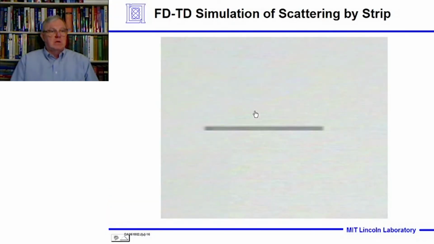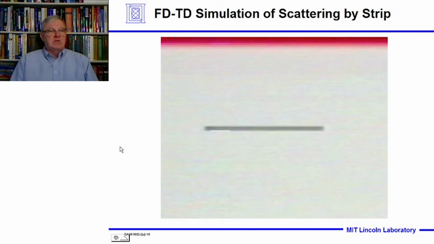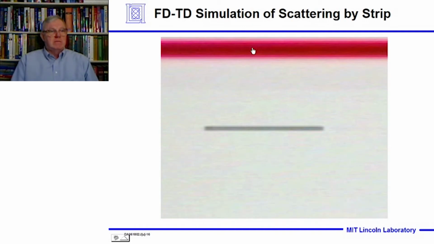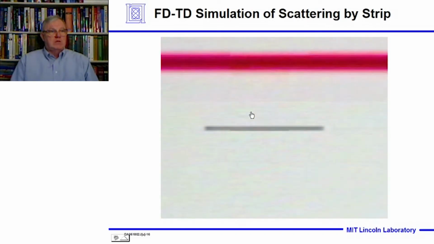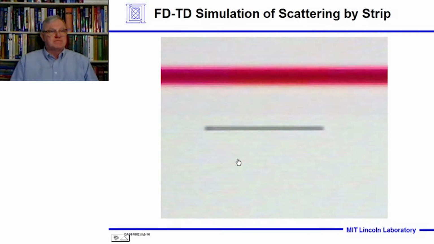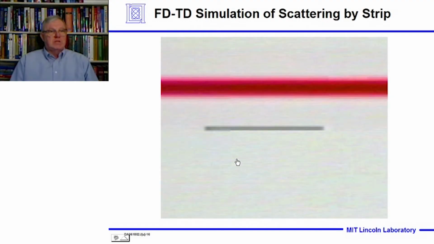Now let's go, and if I click on it, here you'll see the movie. It takes its time, but it comes in. And here's the electromagnetic wave coming in. And now watch what happens when it hits the metal strip.